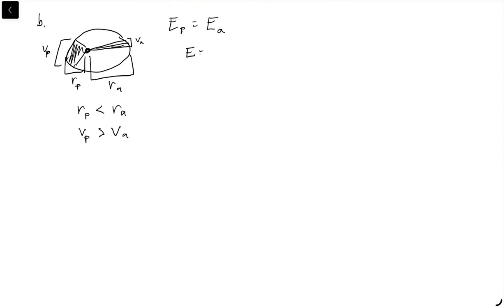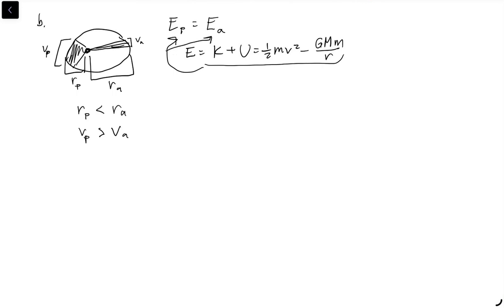The general formula is kinetic energy plus potential energy, or 1/2 mv squared minus G times the mass of the sun times the mass of the comet over the distance. So if we take this and apply it to the perigee and then the apogee, we'll get this.